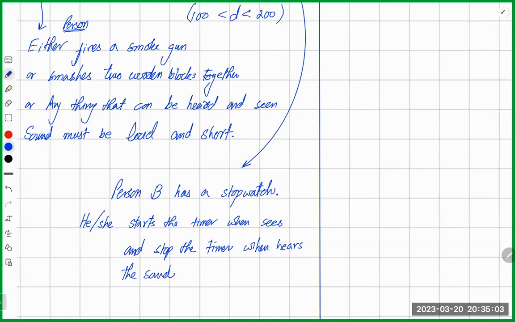So whatever they do, whether it is a smoke gun or wooden blocks that have been clapped together very hard, person B is supposed to start the stopwatch when he or she sees that thing happening, and they stop the timer when they hear the sound.